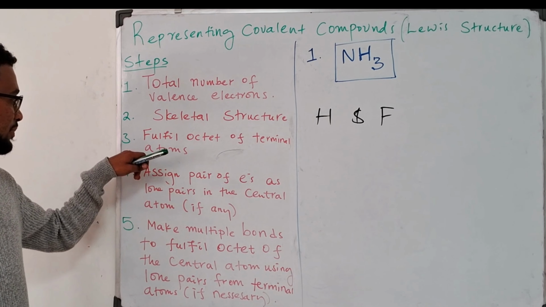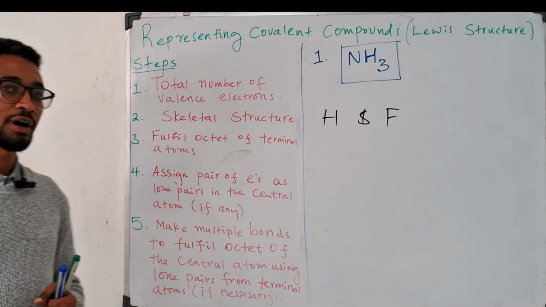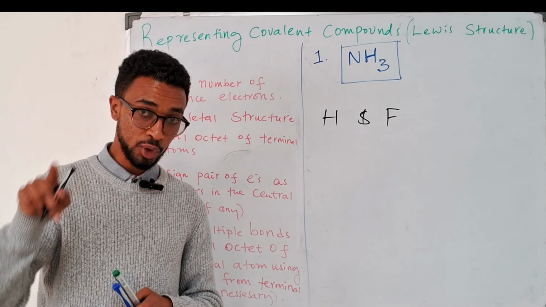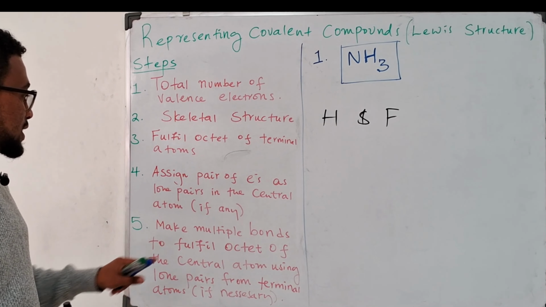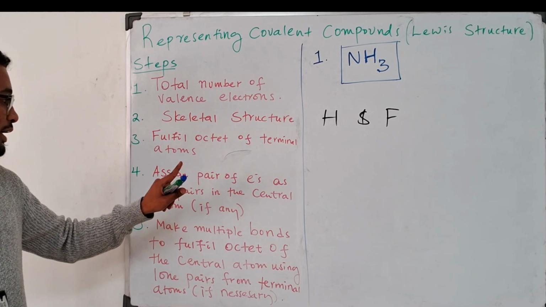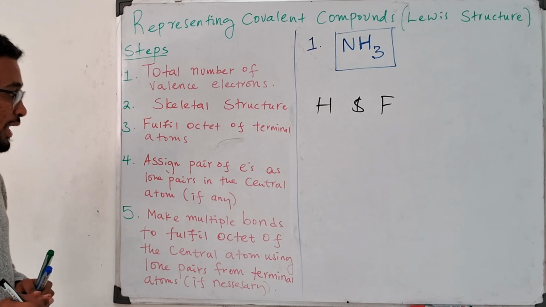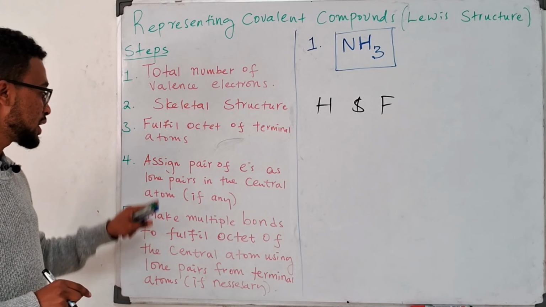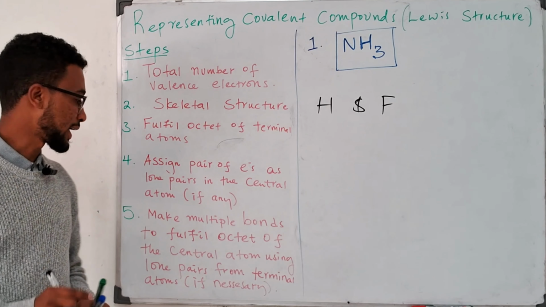The third step is to fulfill the octet of the terminal atoms. If hydrogen is one of our terminal atoms, we only need to form one bond to fulfill its octet. The fourth step is to assign any remaining pairs of electrons as lone pairs on the central atom. If any pair of electrons is left after putting them on the terminal atoms, we assign them as lone pairs around the central atom.